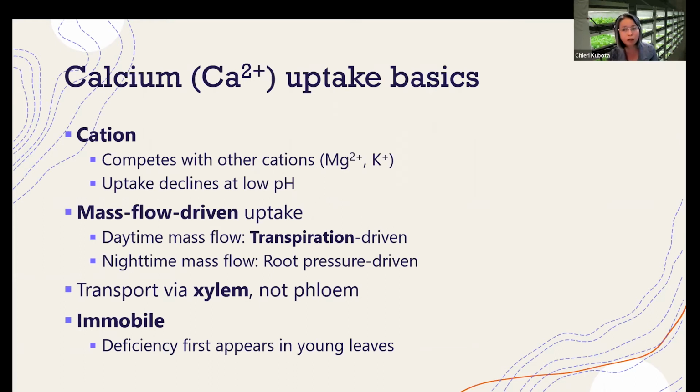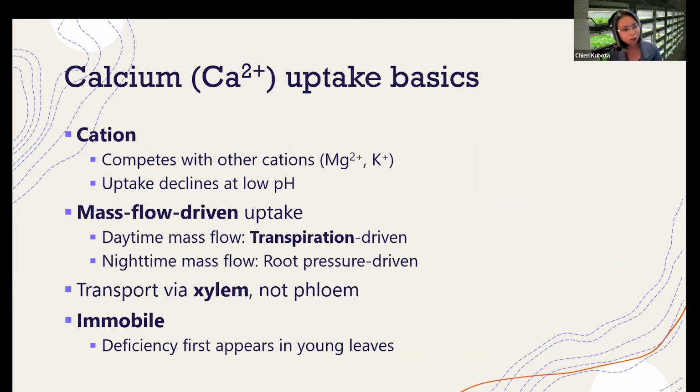So that means when calcium is delivered to existing leaves through the xylem flux driven by transpiration, there's no mechanism to unload it and deliver it to somewhere needed more. That's why we say calcium is not mobile. And that's why the deficiency usually starts in growing young leaves rather than old leaves.